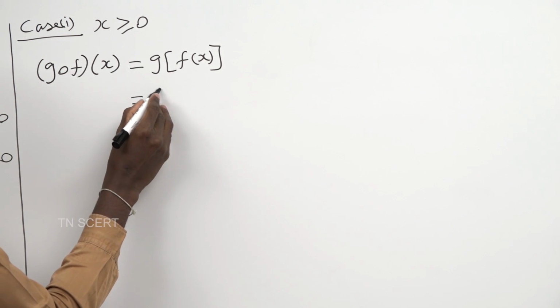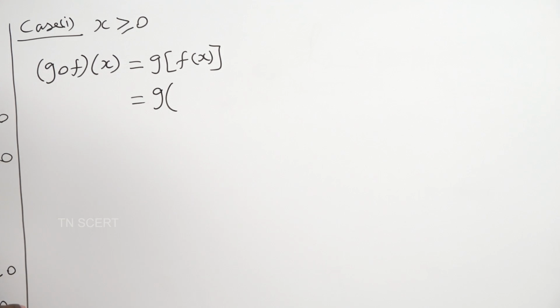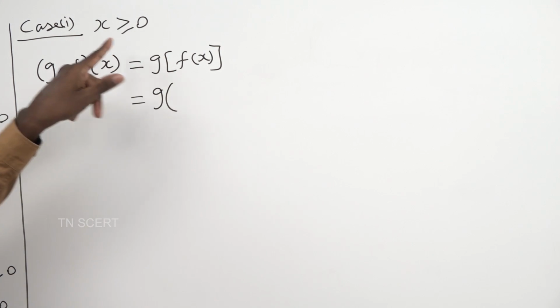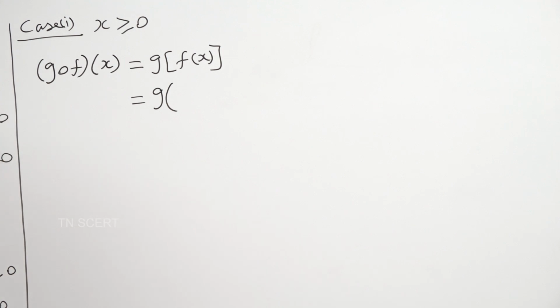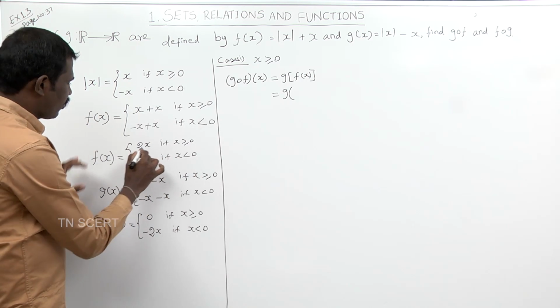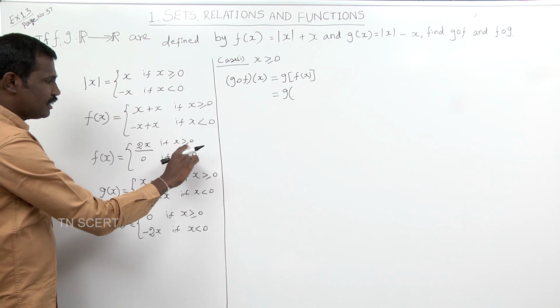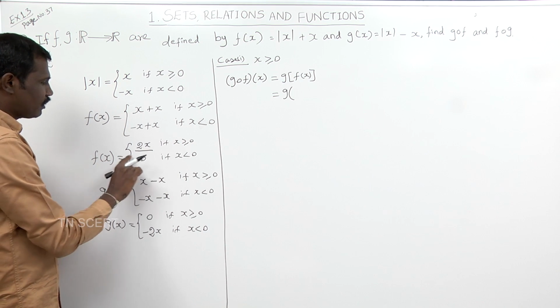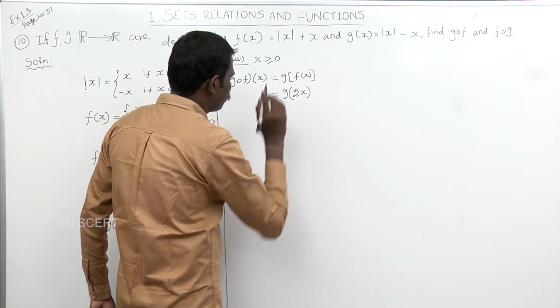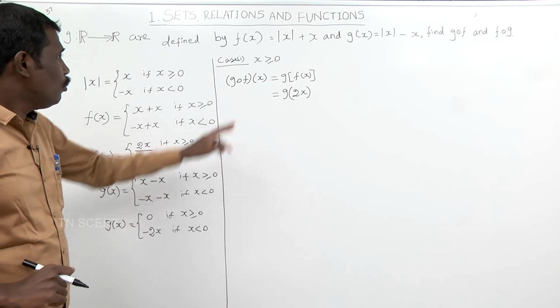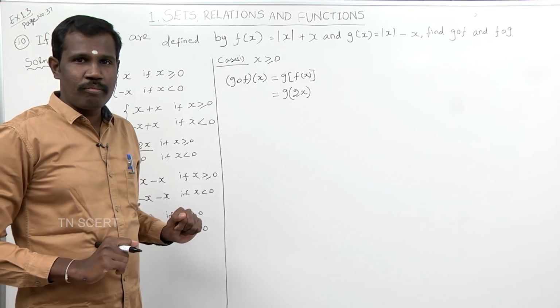This is equal to g of, what is f of x? When x is non-negative, that is when x is greater than or equal to 0, what is f of x? 2x. When x is greater than or equal to 0, the value of f of x is 2x. So, g of 2x. Now, x is non-negative.